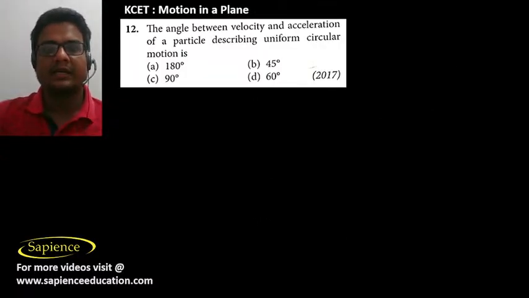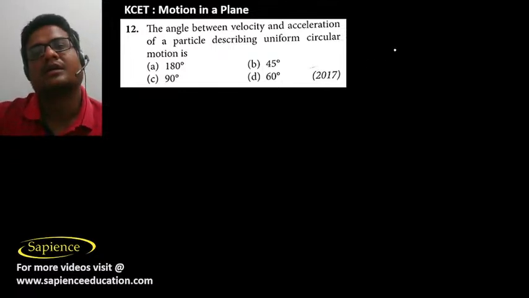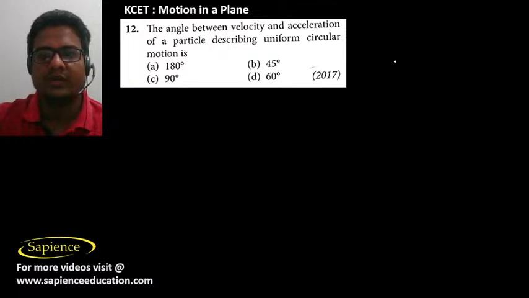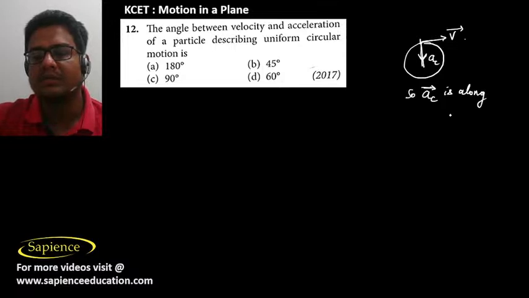Then it is asked: the angle between velocity and acceleration of a particle describing uniform circular motion is? When it is performing uniform circular motion, velocity is along the tangent and the only acceleration is along the center, which is the centripetal acceleration. So the acceleration vector is along the radius, radially inwards, and the velocity v vector is along the tangent.